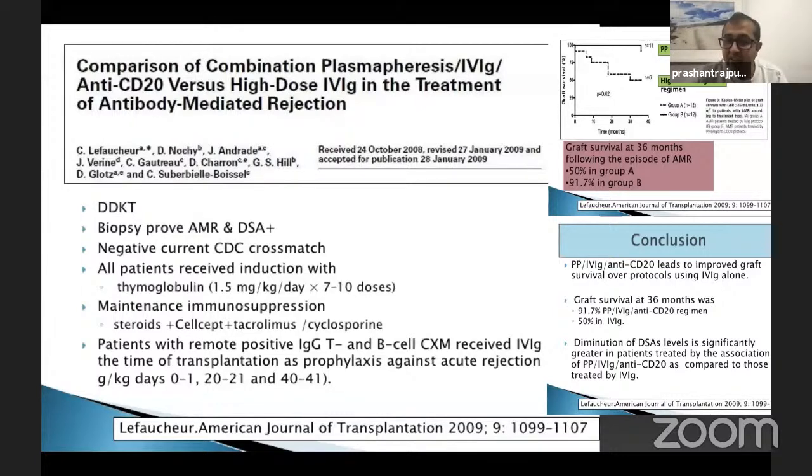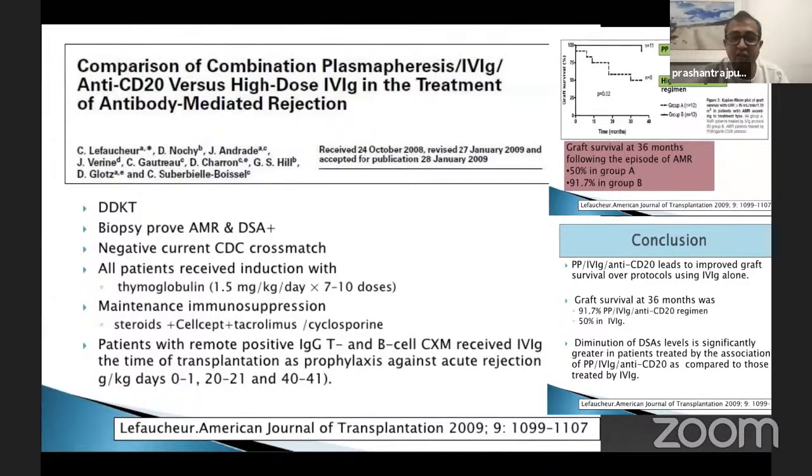Grafts were better with the combination, and there was a significant diminution of the DSA of these patients.